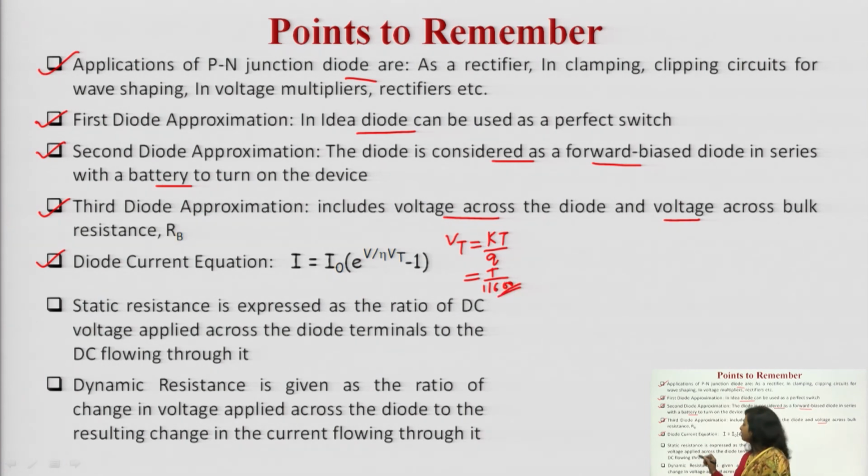Then static resistance or fixed resistance or DC resistance, and it is the ratio. Static resistance you can calculate at any particular instant of time. At that particular point, whatever the ratio of voltage to the current, that will give you the value of static resistance.